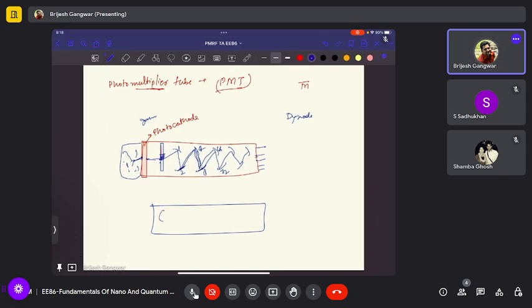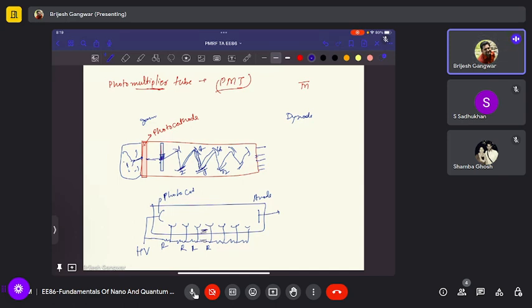This is the photocathode, and here is the anode. Here is some high voltage, and there are some dynodes, with resistors R and then again R. These resistances are not that large.